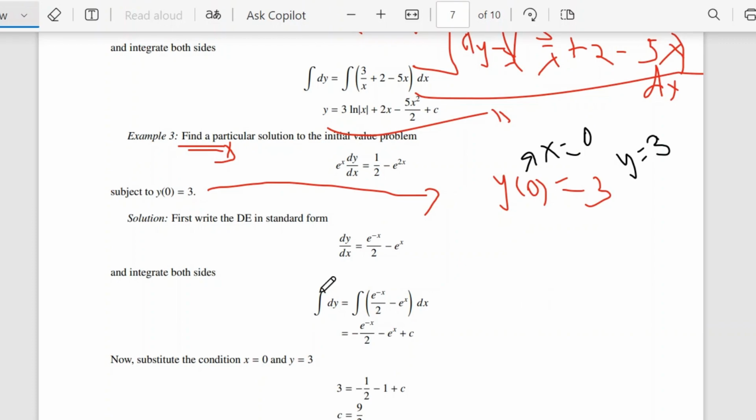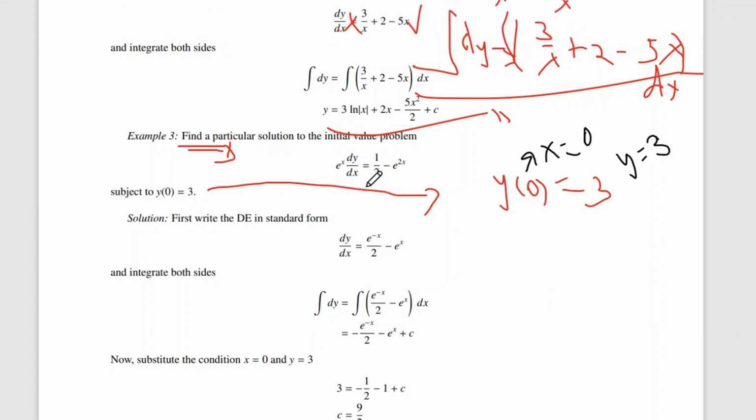So at the end of solving this direct integration, you need to substitute 0 and 3 for x and y, and then you solve for c.